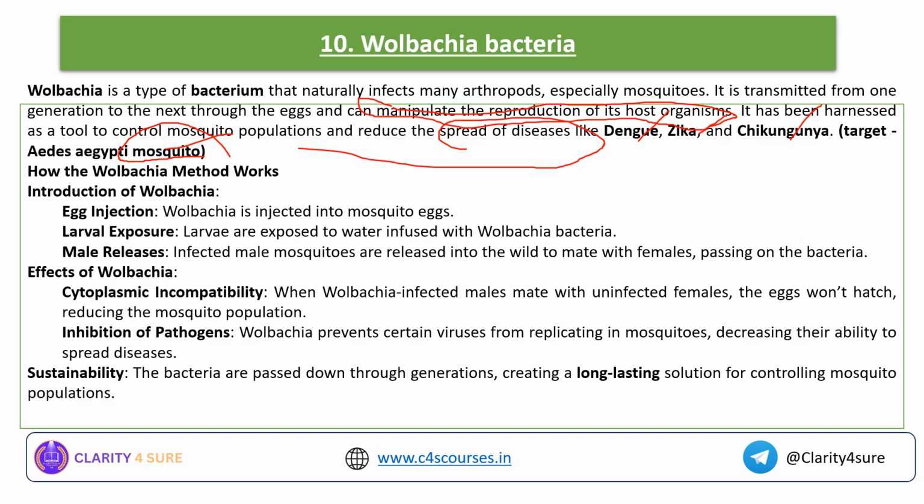So what is the sustainability of this particular method? The bacteria are passed down through generations, and it is a long lasting solution for controlling the mosquito population, because if the bacteria is transferred from one generation to another, the reproduction will not happen, which will effectively help in controlling the mosquito population.